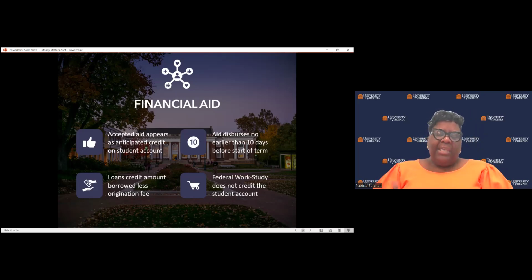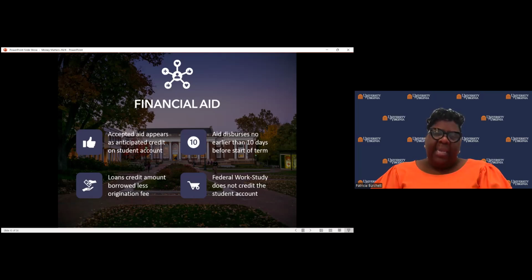One thing I apologize, I forgot to mention about federal work study is that we have a list of positions that are available to be used in that program. However, the student has to apply and seek an interview for such positions themselves.